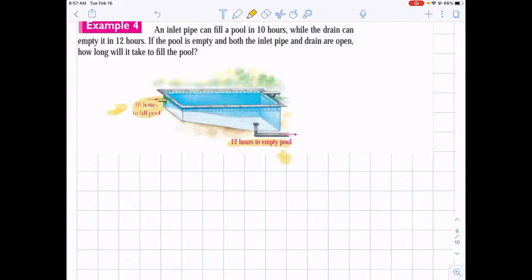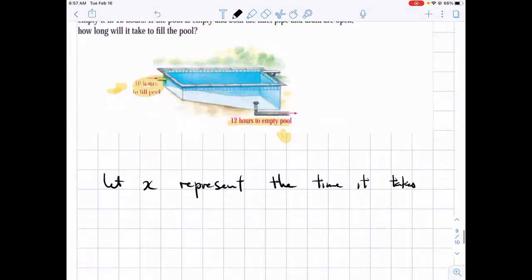So let X represent the time it takes to fill the pool with both pipes open.